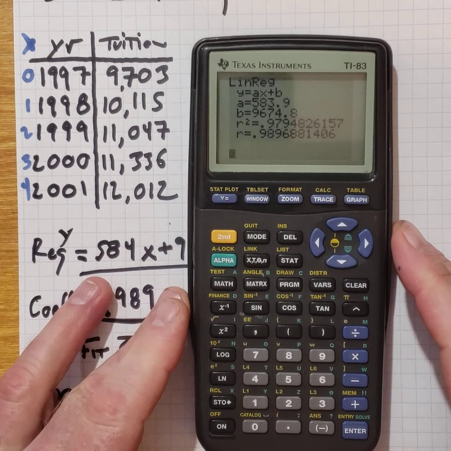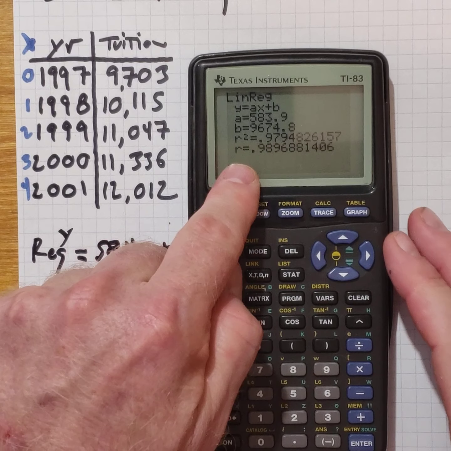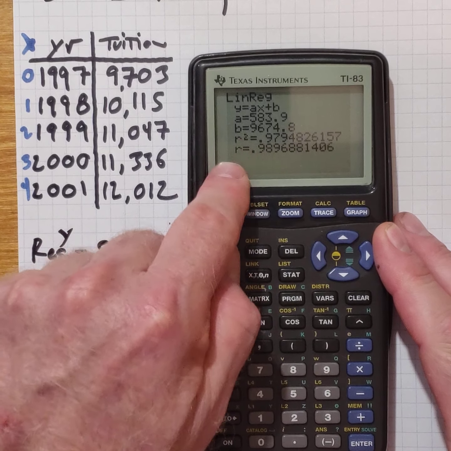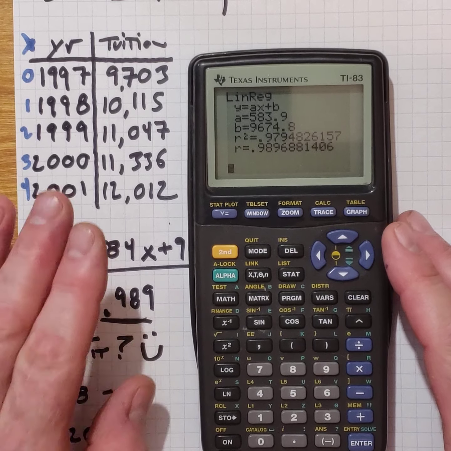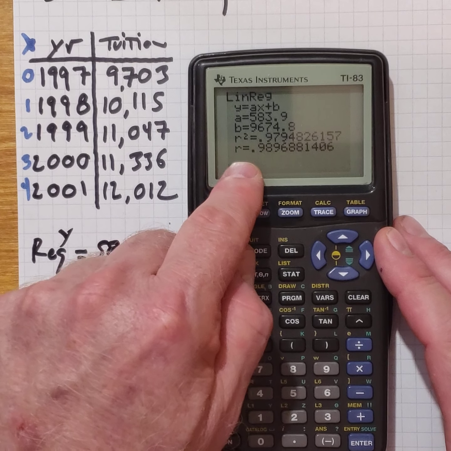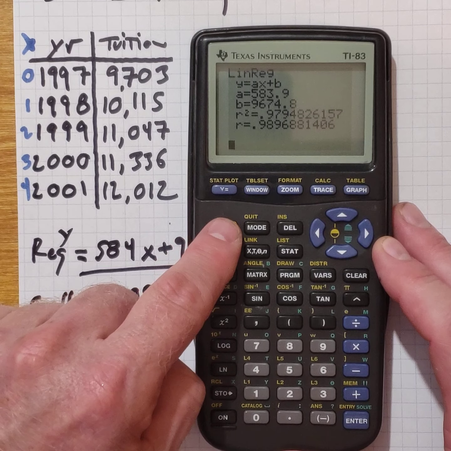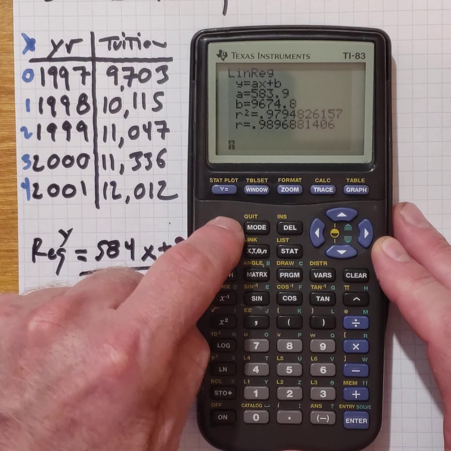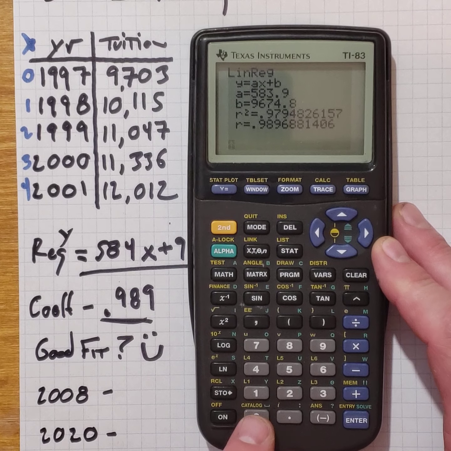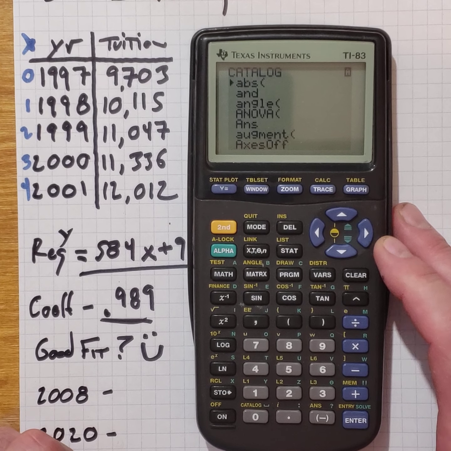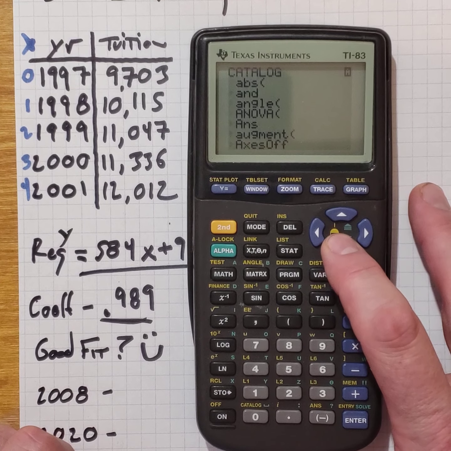Now, a couple things we need to look at here. If you're looking at your calculator and you don't see an R squared and an R, you need to do this. If you do see an R squared and an R, you don't need to do anything. If you don't see the R squared and the R, go second, 0 for catalog. And you'll see a whole bunch of things.